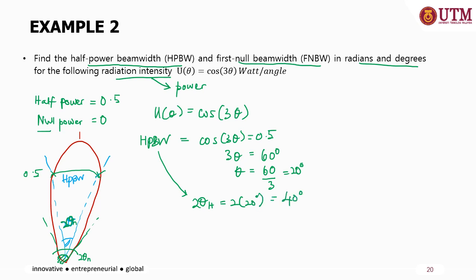Don't forget that the question asks you to provide the answer in radians as well. So you need to convert this 2 theta in degrees into radians. In radians, 2 theta equals 40 divided by 180 times pi, so you get 2 pi over 9 radians.